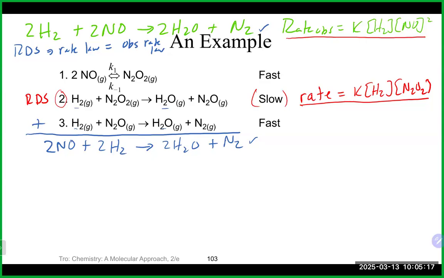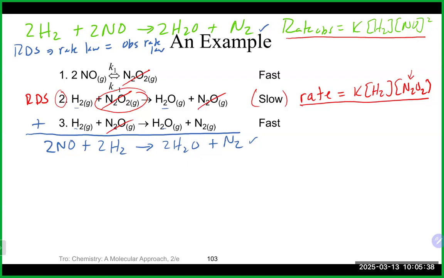So right now we have a little issue with the rate law that we have for the slow step, because when I look at this species right here in this reaction, it is an intermediate, right? So if we go back to the crossing out, that is something that gets crossed out, and it is not found in the overall reaction.